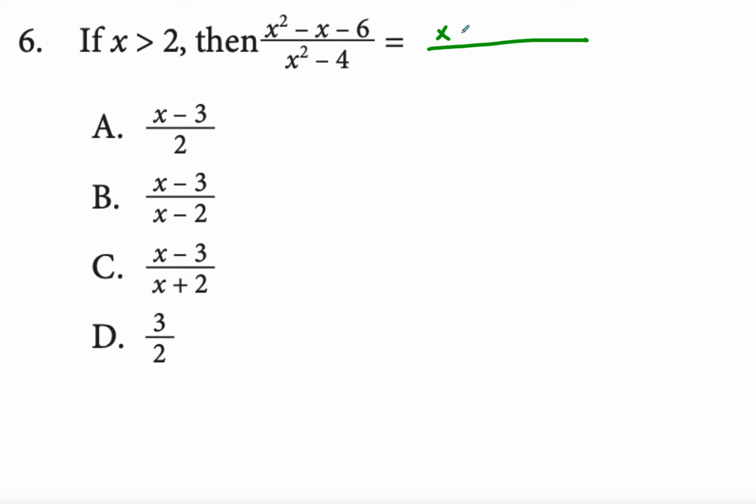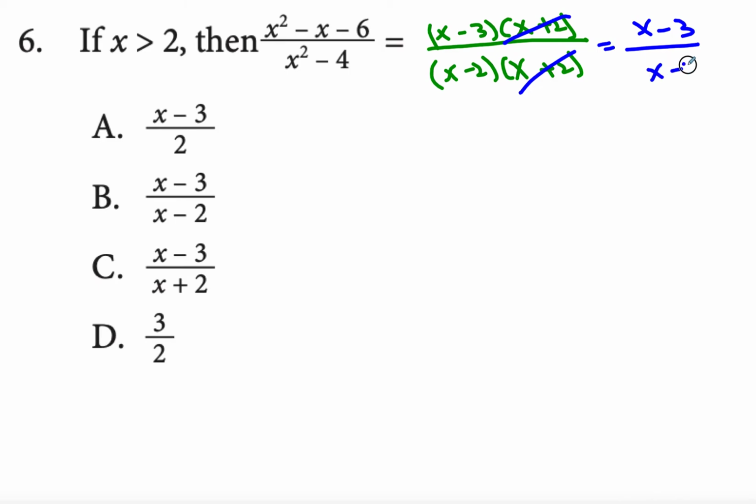So we have x minus 3, x plus 2. The bottom one is x minus 2, the difference of perfect squares, and x plus 2. So then here we get these two cancel away. We have x minus 3 over x minus 2, which is choice B, the answer.